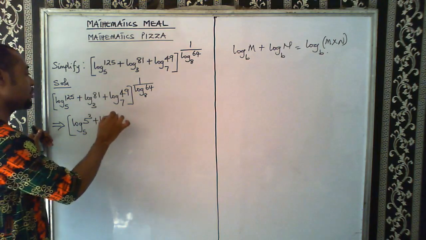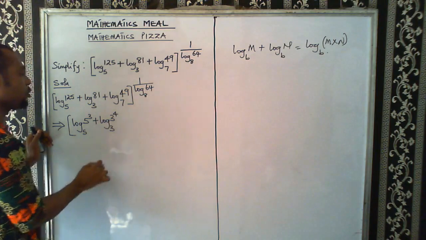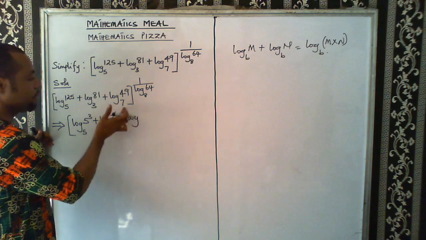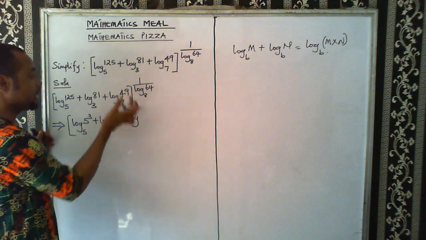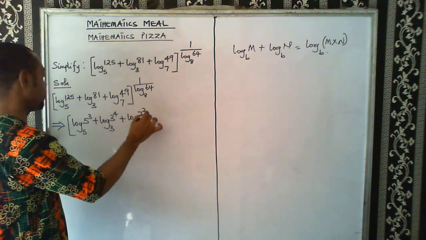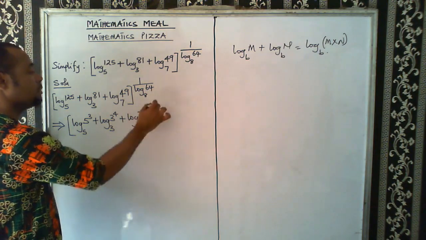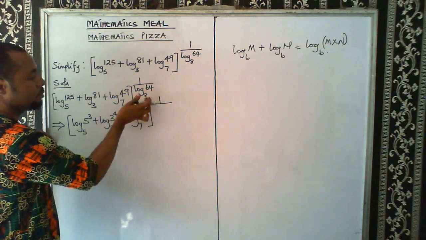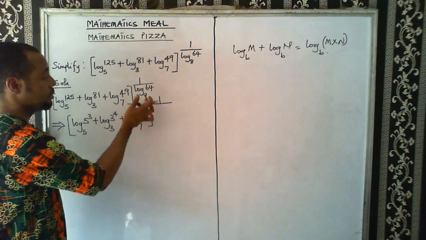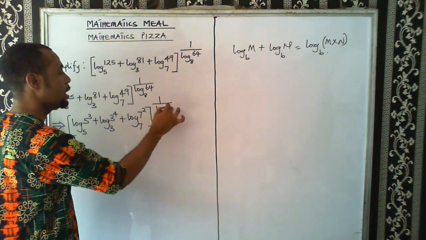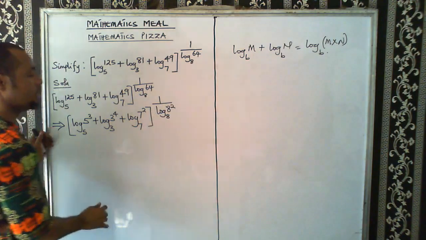So 81 is 3 raised to power 4 in base 3, plus 49 can be written in powers of 7 because 7 is the ancestor of 49. So 49 is 7 raised to power 2. Then 1 all upon, now 64 can be written in powers of 8 because 8 is the ancestor of 64. So we can write this as log 8 raised to power 2 in base 8.